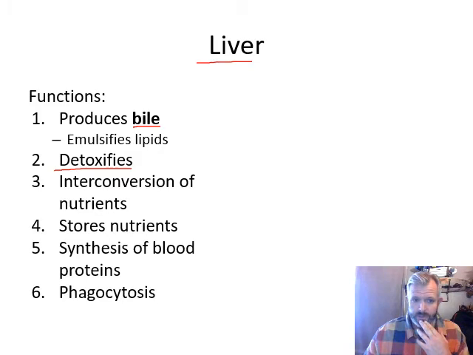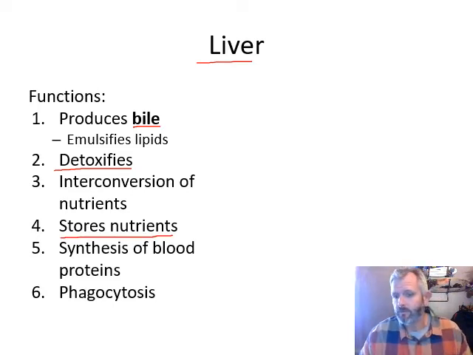The liver can store nutrients, as in glycogen, make blood proteins, and perform some phagocytosis, so red blood cells go to the liver and the spleen to be broken down by phagocytosis. It's a pretty important structure in metabolism and nutrients. So definitely take care of your liver because it performs a lot of functions for us.